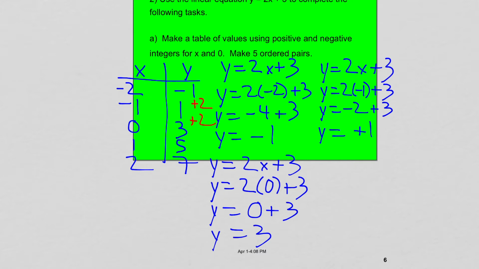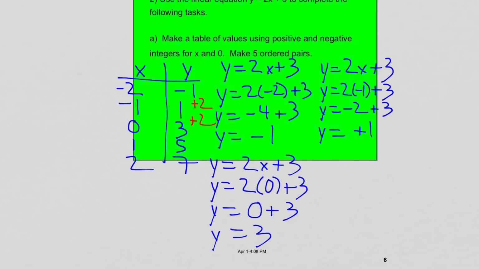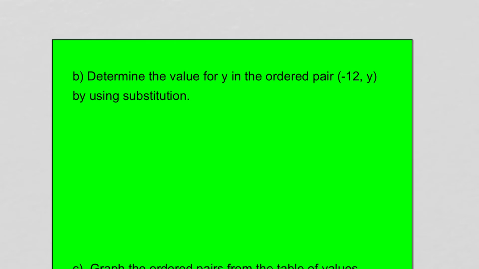Those aren't the only ordered pairs, though. There's unlimited, right? And that's what I want to show you in the next question. We did one like this already: determine the value for y in the ordered pair (negative 12, y) by using substitution. We'll take our same equation, y equals 2x plus 3, but in this case we're substituting in negative 12 for x.